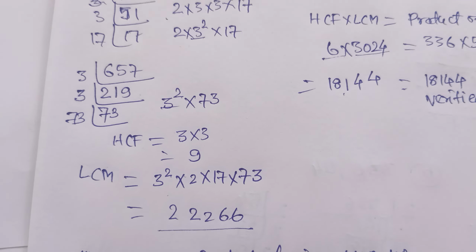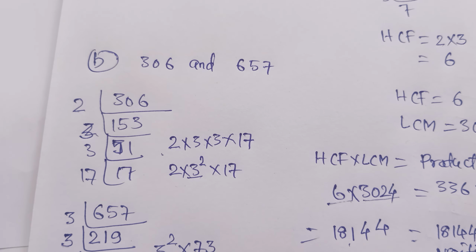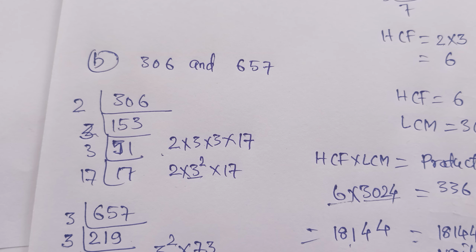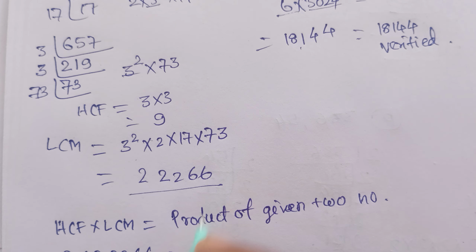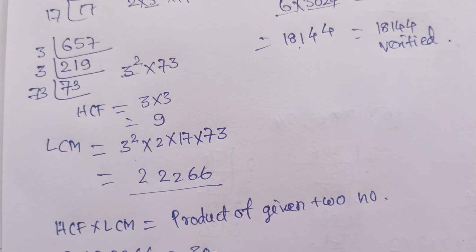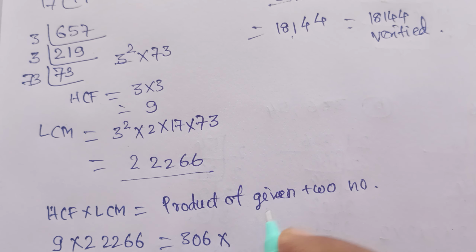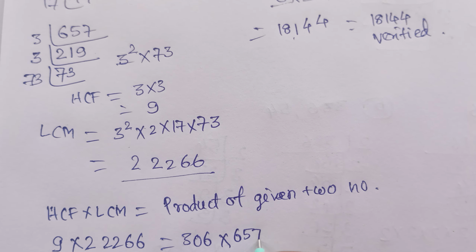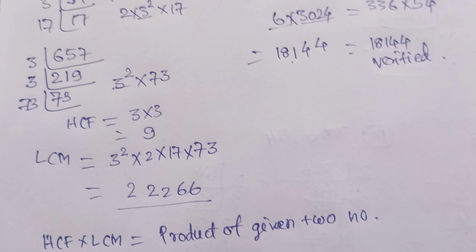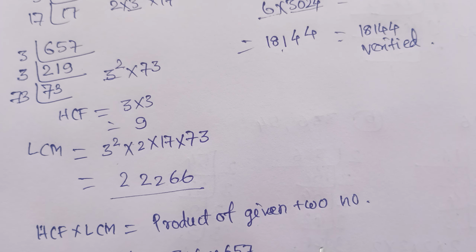What are the given two numbers we had? We had 306 and 657.